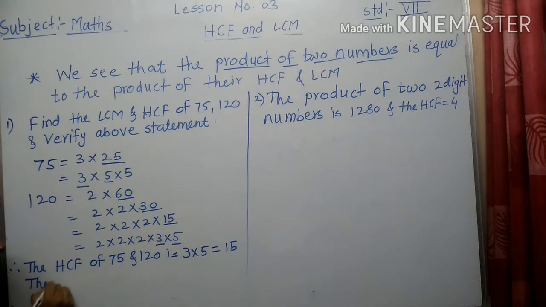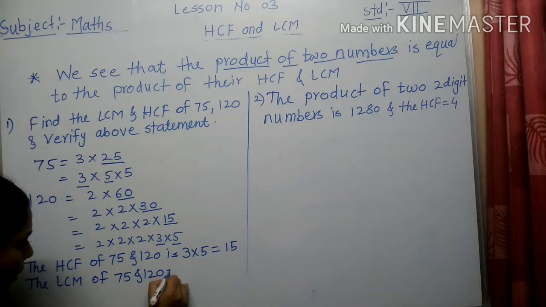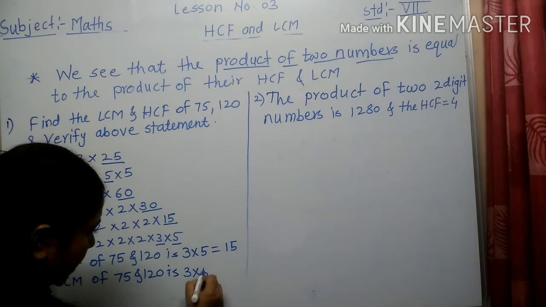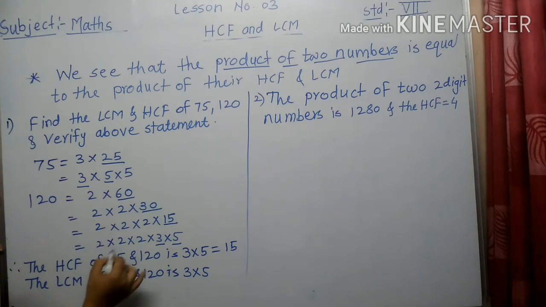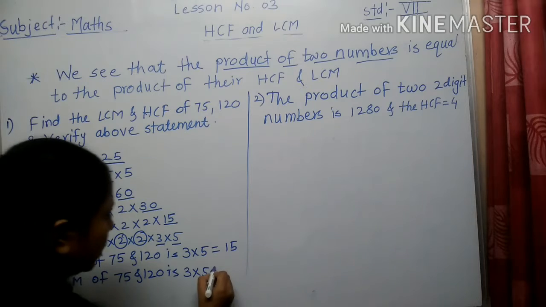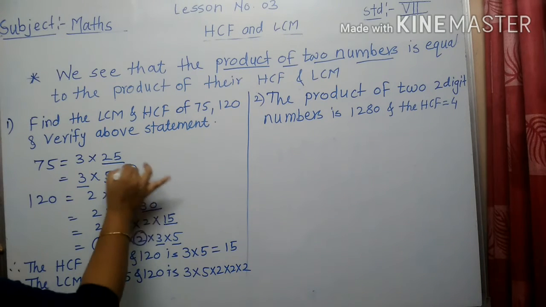Now, LCM. The LCM of 75 and 120 is. What you have to do is take the common factors first and then the uncommon ones. Which is uncommon? How many times is 2 there? 3 times. So 2 into 2 into 2, and here one more 5.